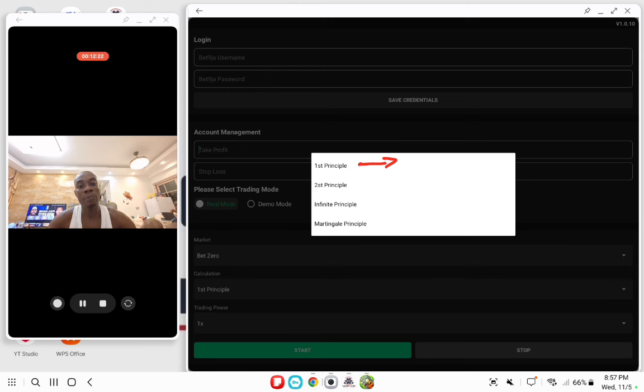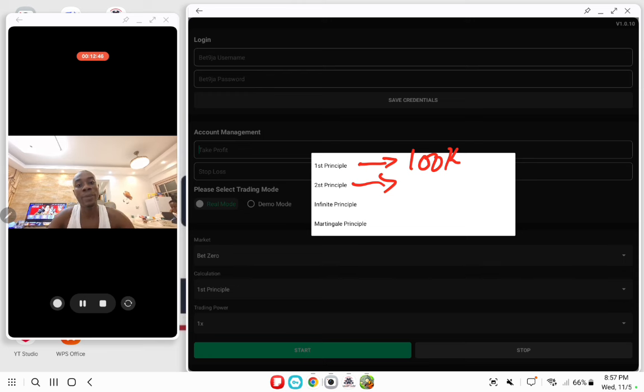Okay, now on this first principle calculation, at least 100k is fine. However, if you have more, no problem. This first principle calculation recovers faster than the second principle and the infinite principle.